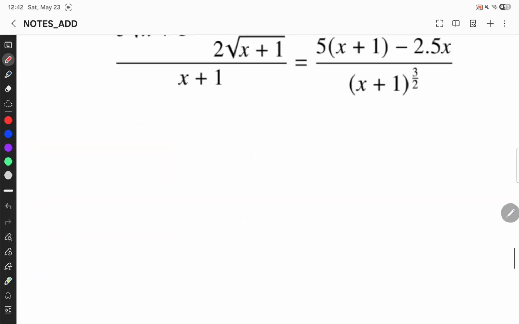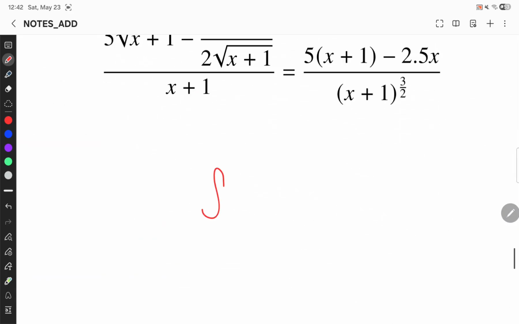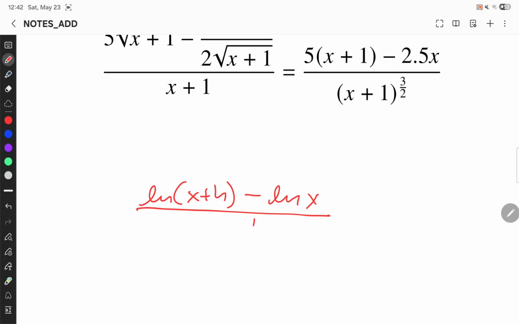Weird, huh? And it's the same thing: integrating 1 over x gives us a logarithm. What? Why? Let's see why this happens. So this will be ln of x plus h minus ln of x, all over h.